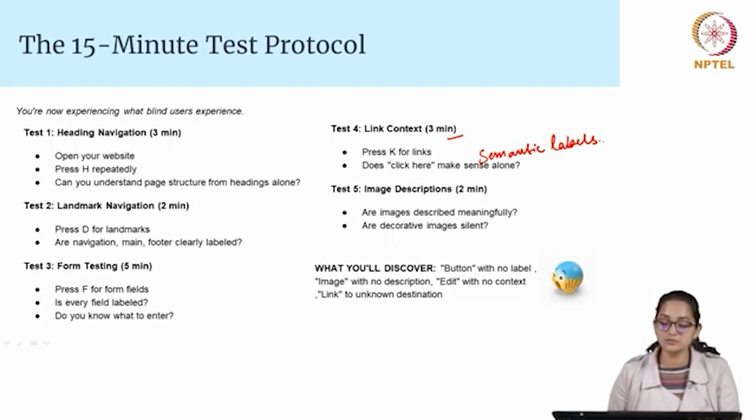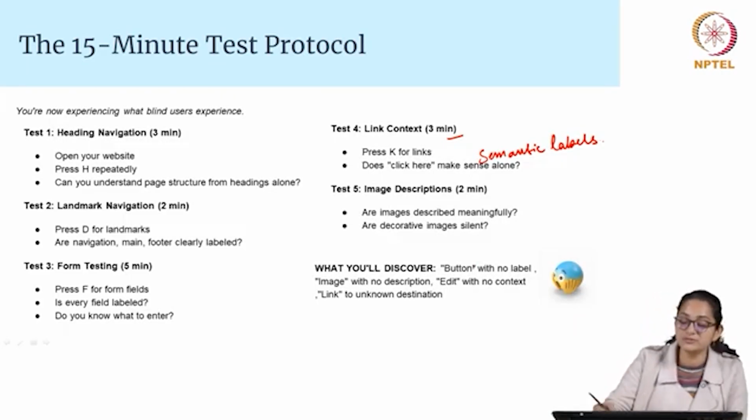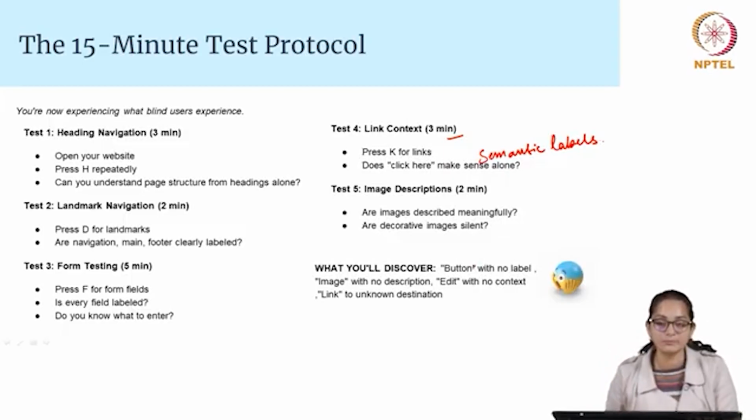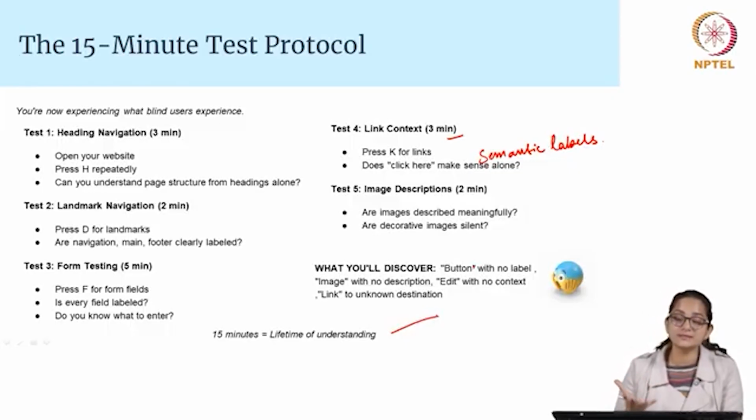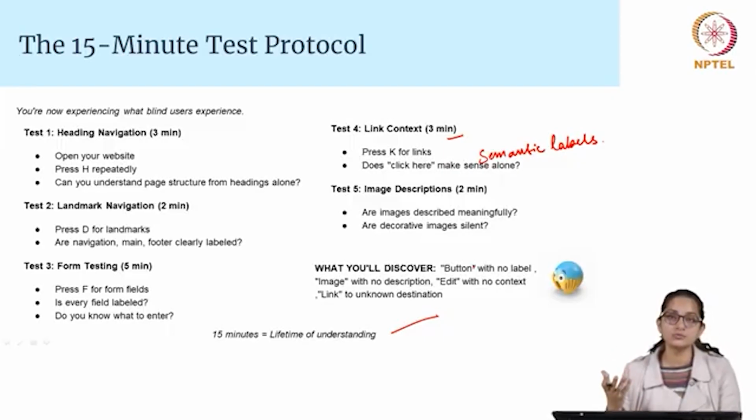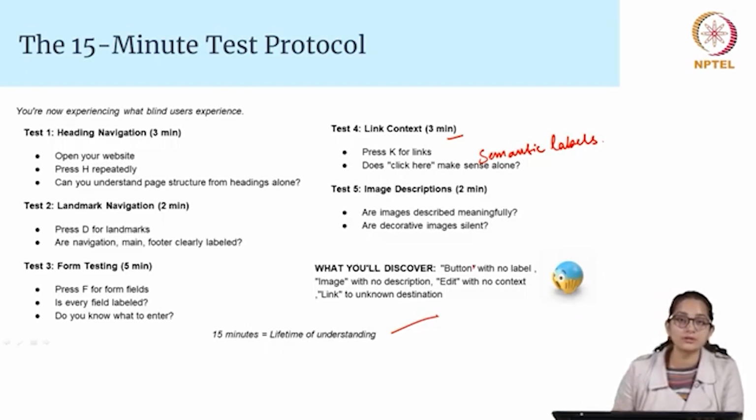So what you will discover after this test is that "button with no label" or "image with no description" or "edit with no context", if all of these are in double quotes, that means you are able to hear these words: button, or image with no alt text, and then edit, and all of that. So you will be able to understand how people are supposed to make sense out of this information, if it is just telling you to edit, or if it is just announcing link, the word link, if it is just announcing the word button.